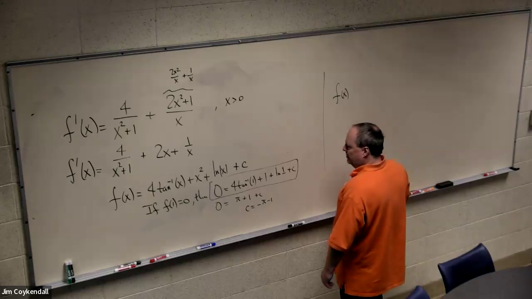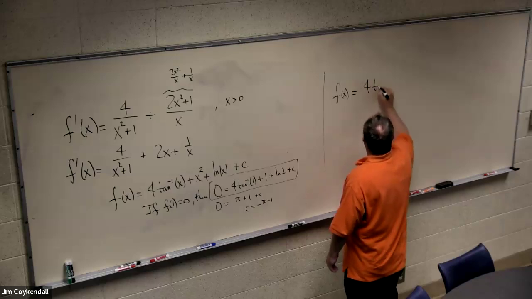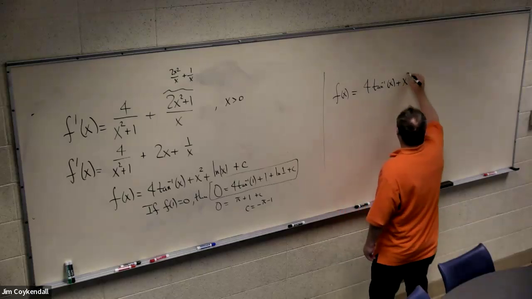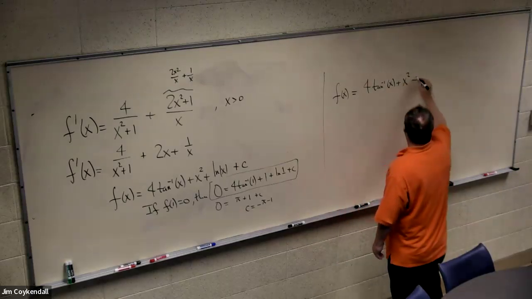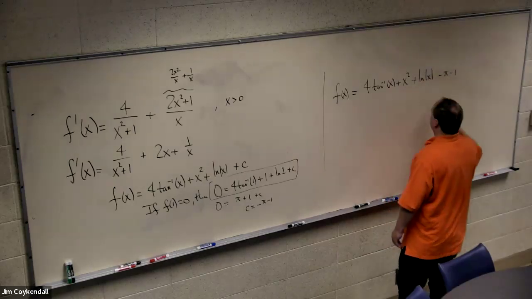F of x is 4 inverse tangent of x plus x squared plus natural log of the absolute value of x minus pi.